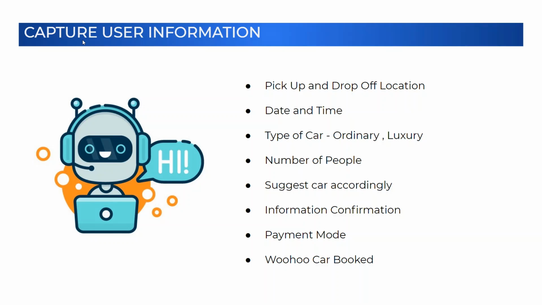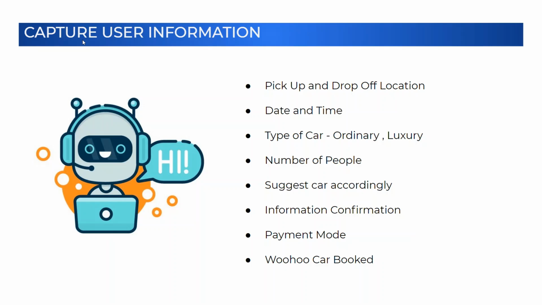as I mentioned, we will be building a voice bot for a car rental program. Let's first think about what information we have to capture from the user for this car rental program. I have listed already a few of them for you. First is we need to know pickup and drop off location, right? Then we also need to know the date and time we want to pick up and drop off. Third is we want to know what type of car they are preferring. Do they want an ordinary car or a luxury car?